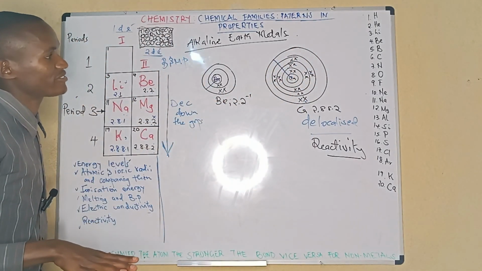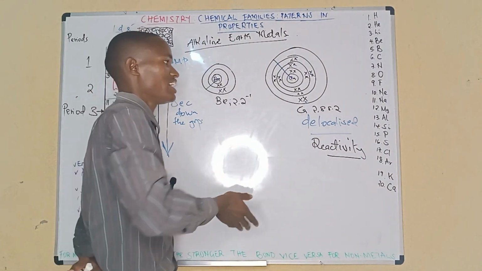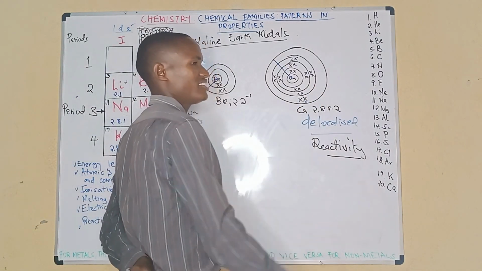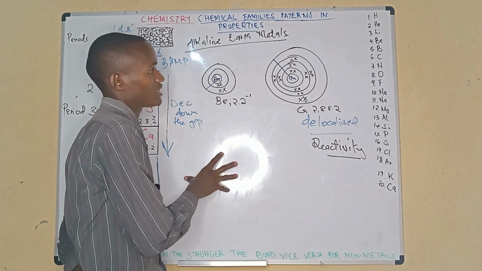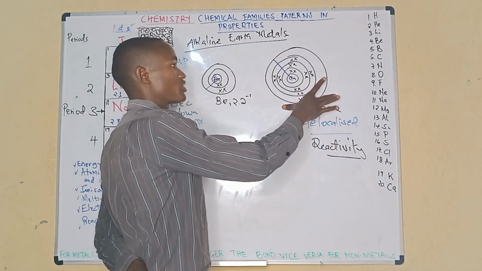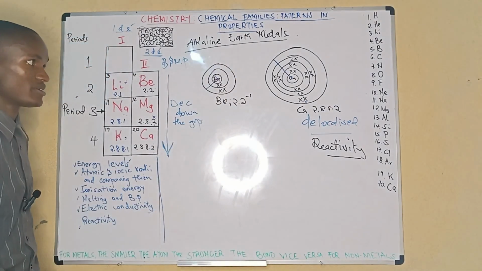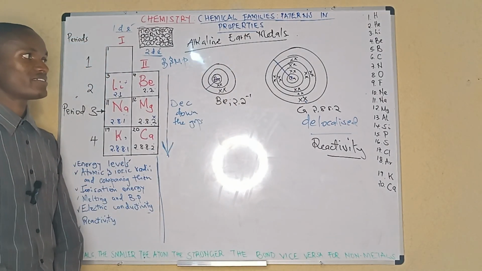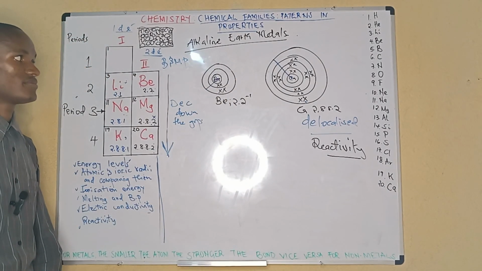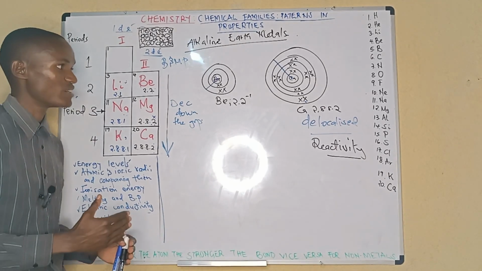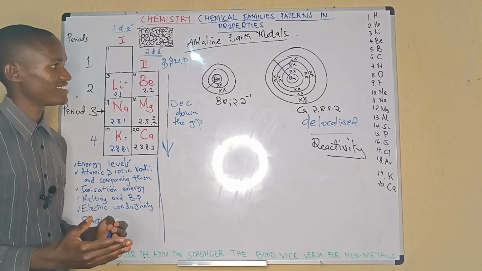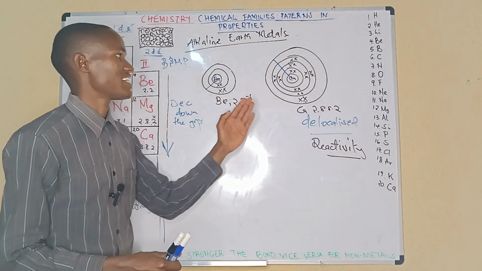Low nuclear charge means it can lose electrons easily. Therefore, calcium is more reactive than beryllium, because they react by losing electrons. This one can lose easily as compared to this.